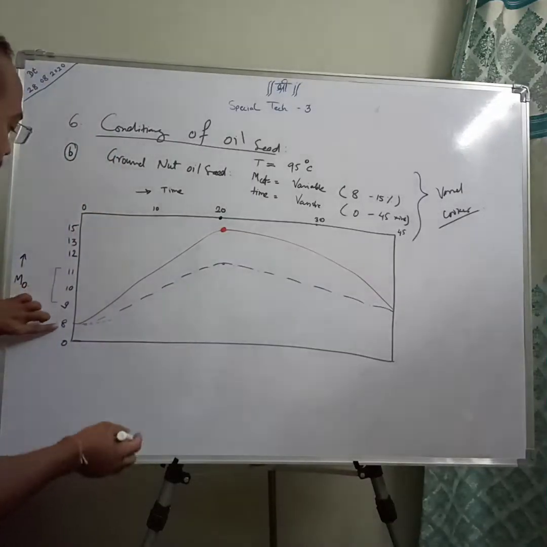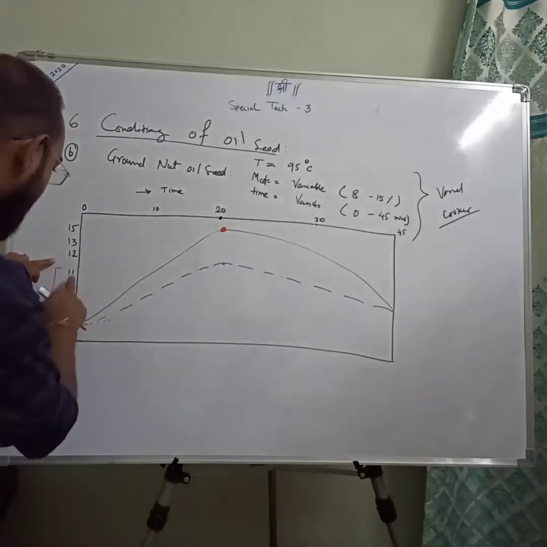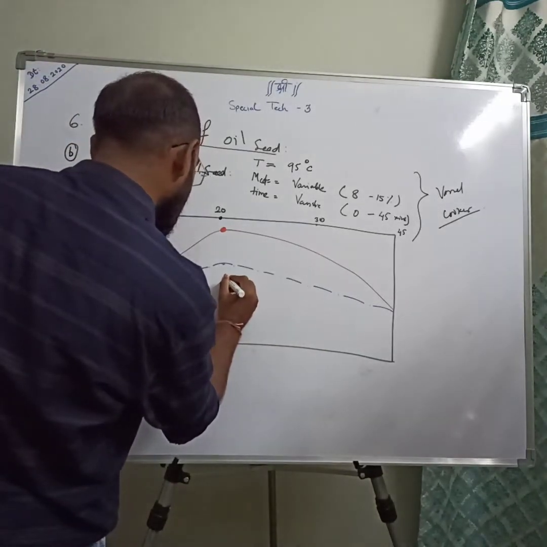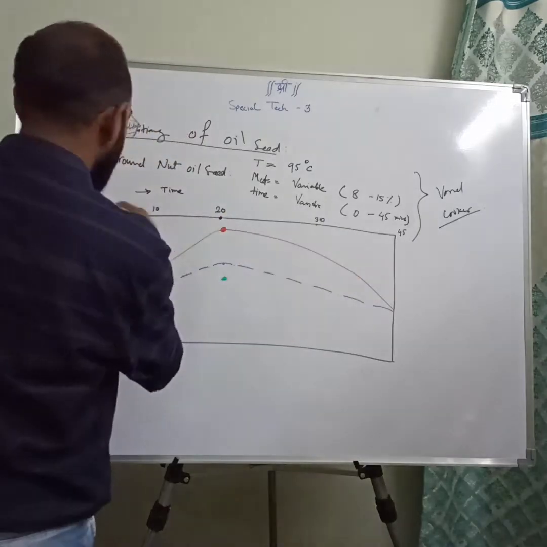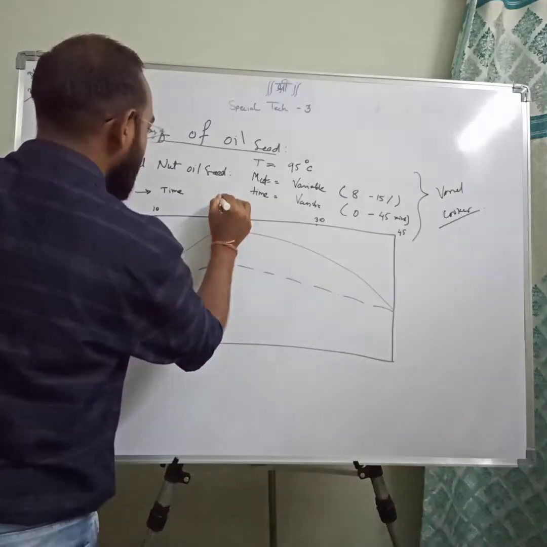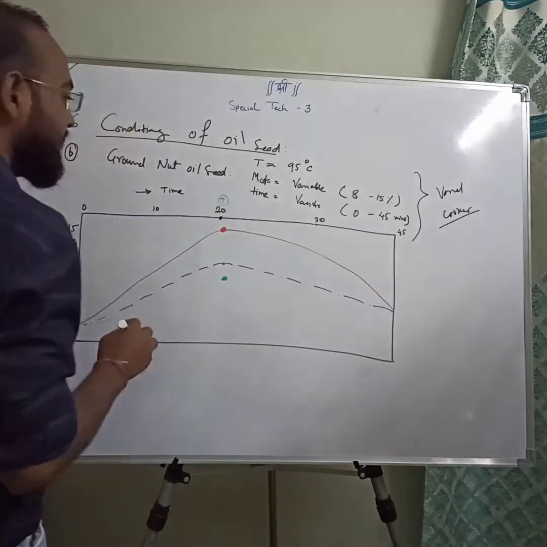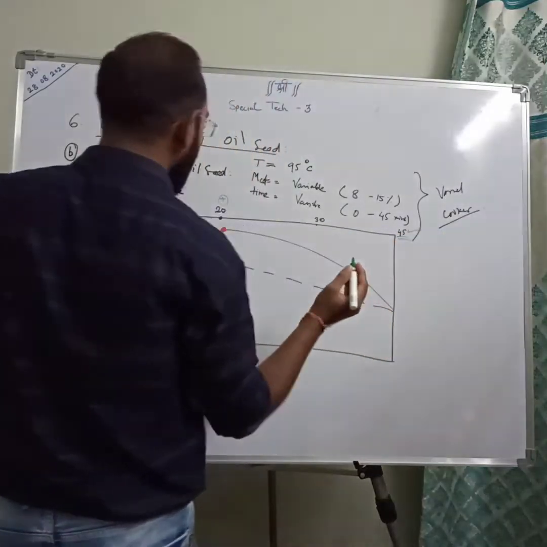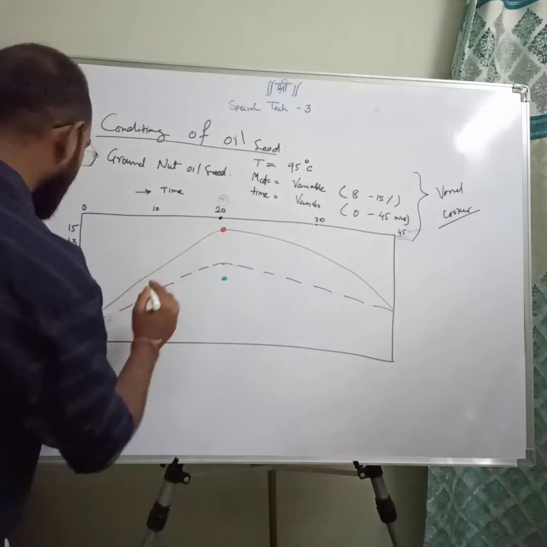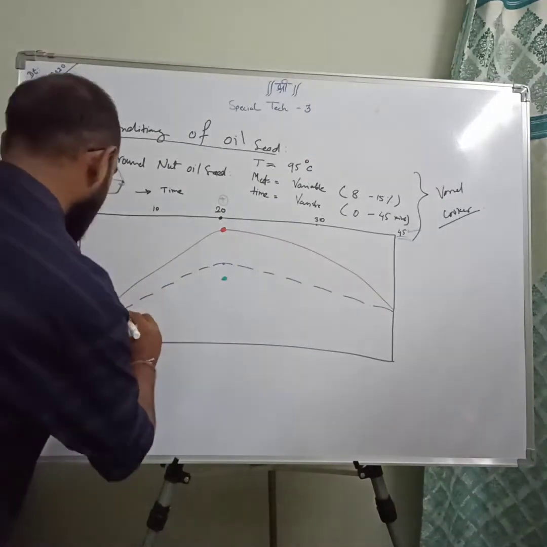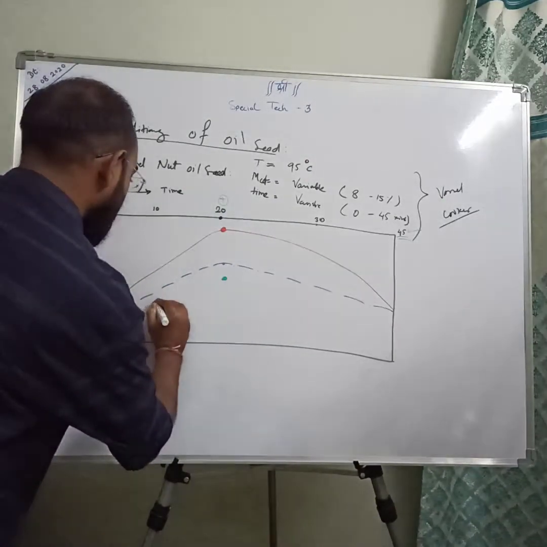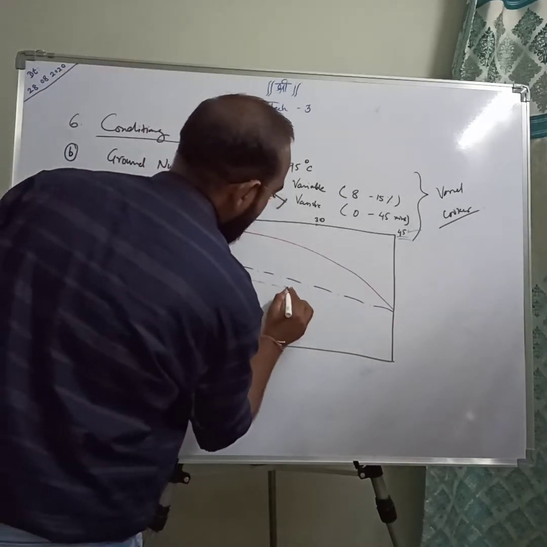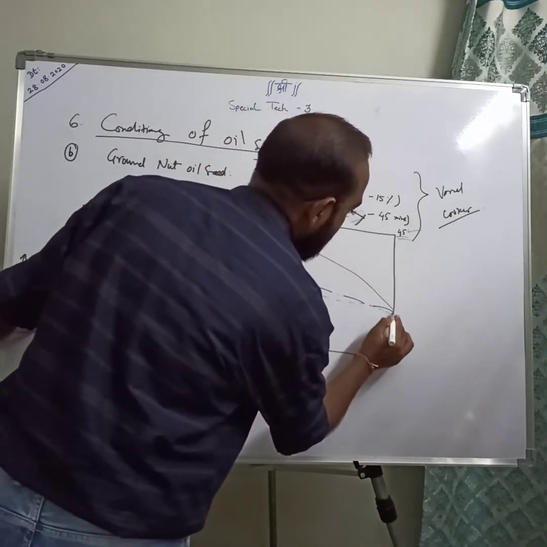Initially the moisture content is 8%, and the maximum level of moisture content is just 11%, at the exact center of the process. If the cooking process is carried out in 45 minutes, then at 20 minutes we reach the maximum amount of moisture, shown by the dotted line, and again it will end somewhere here.